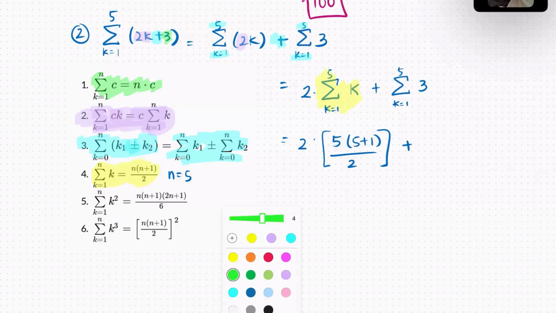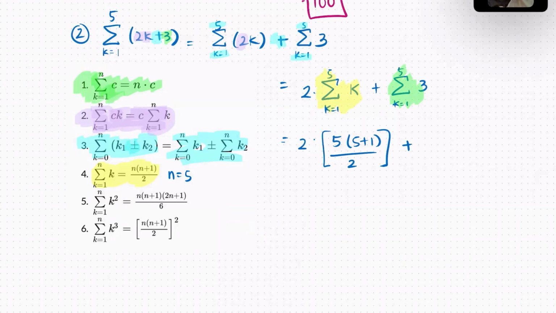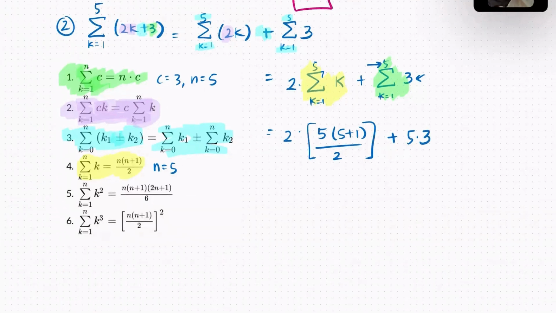And then here, I'm going to use the one I already highlighted. So our c here is 3 and our n is 5. Again, just matching the numbers with what's there. So this becomes 5 times 3.